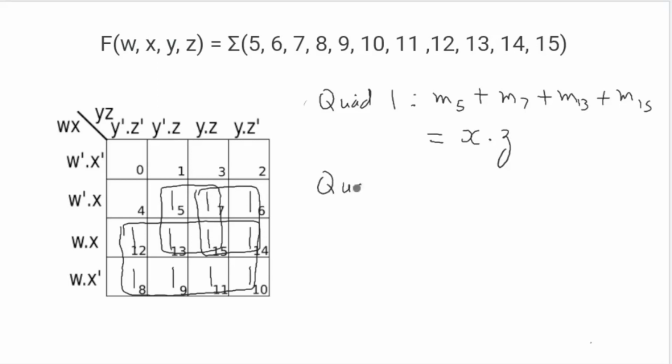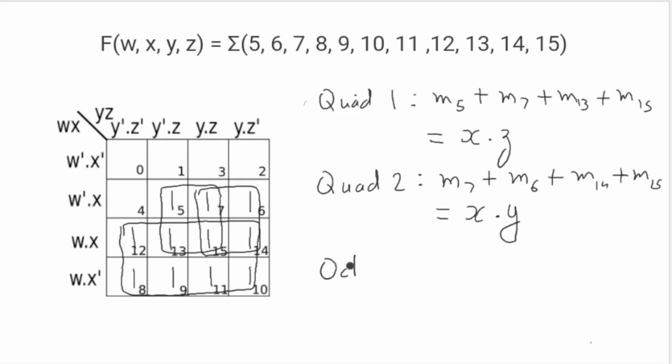So we'll first identify the quad. We'll say M7 plus M6 plus M14 plus M15. And on the side, the situation remains the same. W is changing the state, X is same. And on the top, Z is changing the state and Y is same, so we'll take Y.